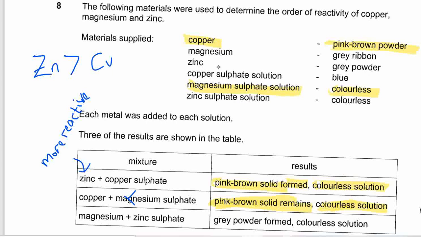It means copper is less reactive than magnesium. So magnesium will be more reactive than copper.